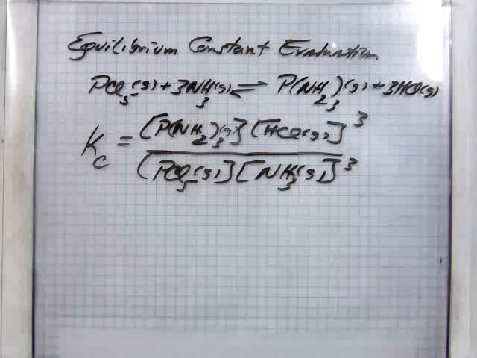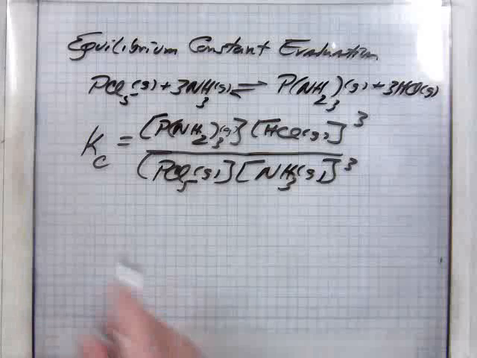Okay, given an equilibrium expression, how do you write the reaction from the K expression?